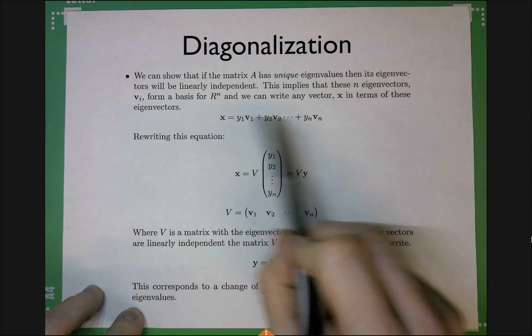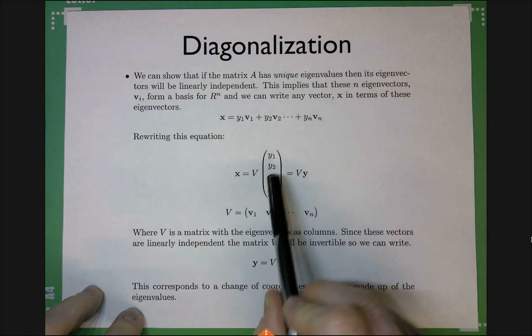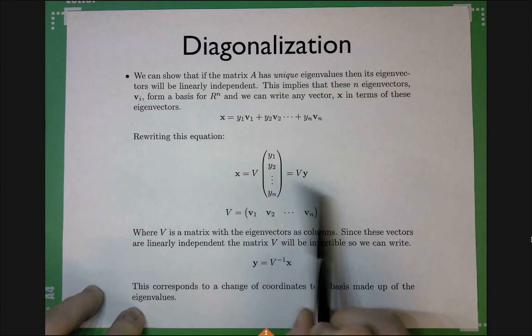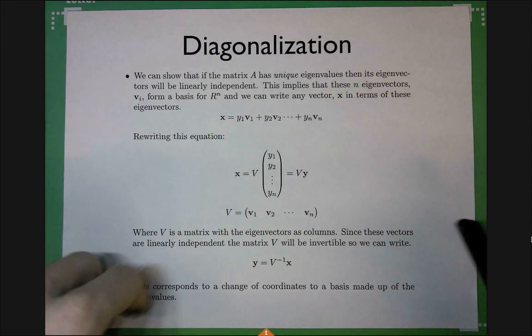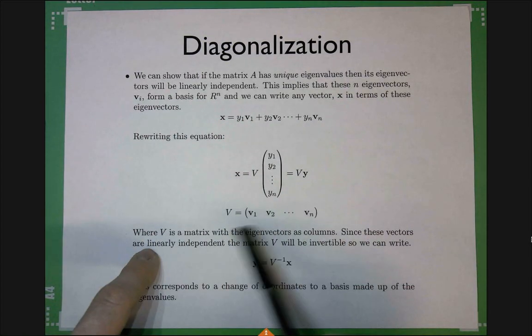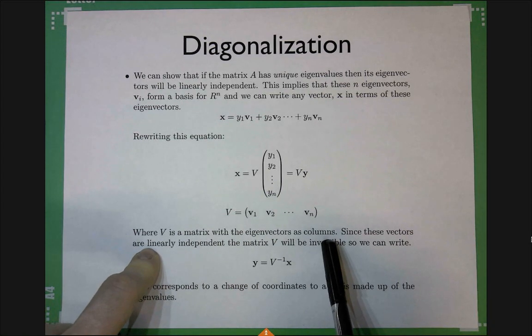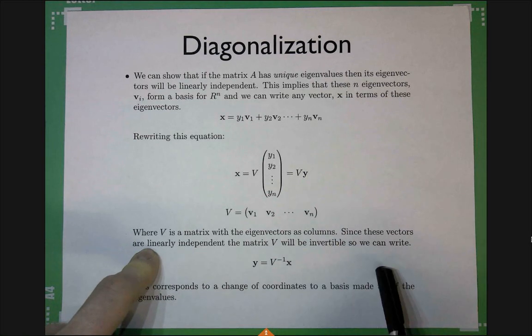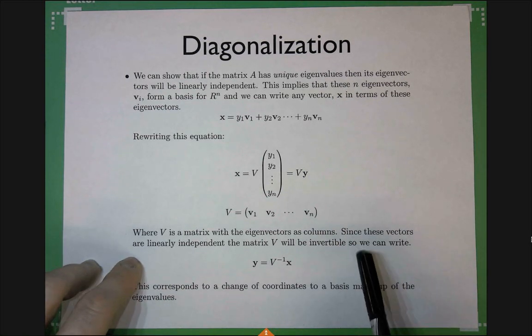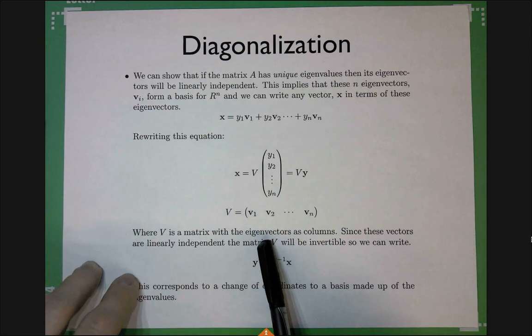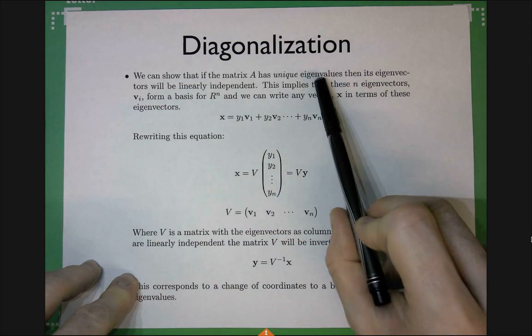This is a formula between two vectors, right? And I can write this as a matrix-vector multiplication. So this is exactly the same formula as this, when I define V to be the matrix where the eigenvectors are the columns. Now the great thing is that, as I proved before, we assume that they have unique eigenvalues.